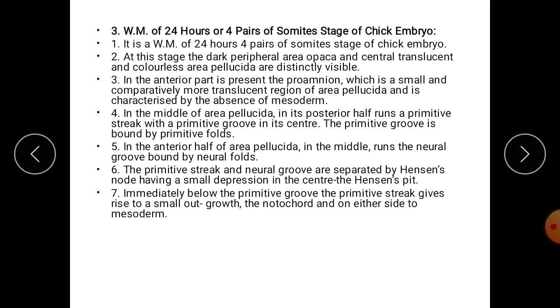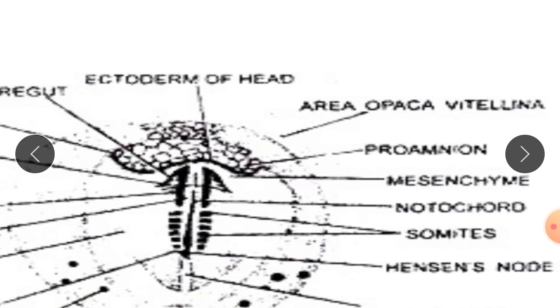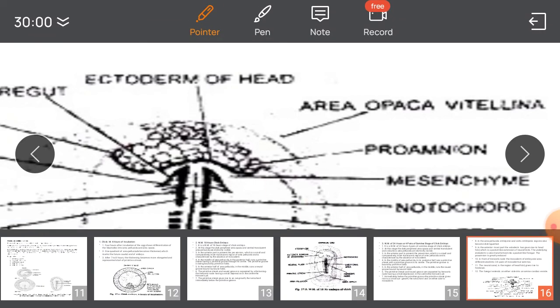It has 4 pairs of somites. So 20 plus 4, 24 hours. At this stage, the dark peripheral area opaca and the central translucent and colorless area pellucida are distinctly visible. So, area opaca, area pellucida.